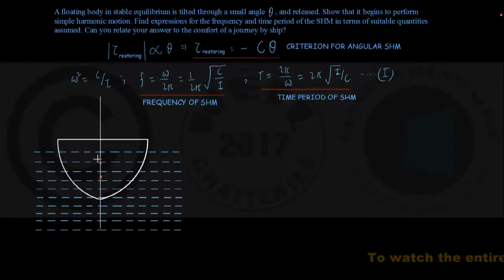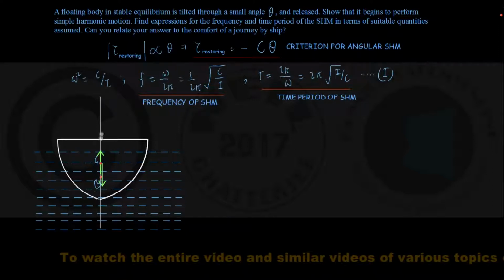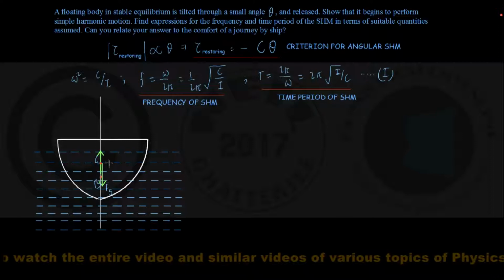Center of gravity is G, center of buoyancy is B. Through CG, center of gravity, the force of gravity is acting downwards, and through center of buoyancy, buoyant force is acting upwards. They have the same line of action coinciding with this center line, right? This is FG and this is FB.